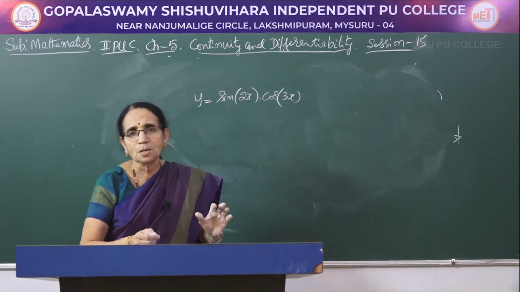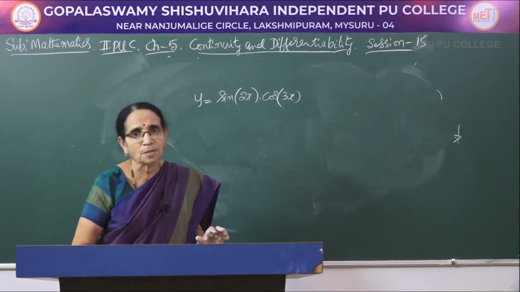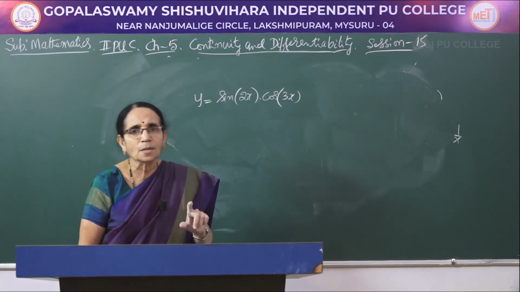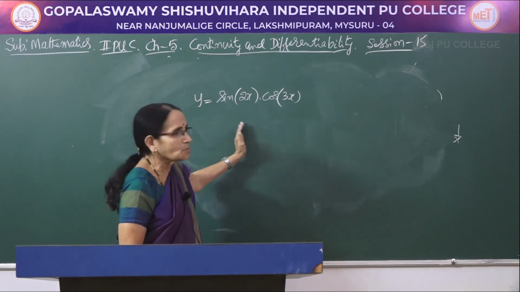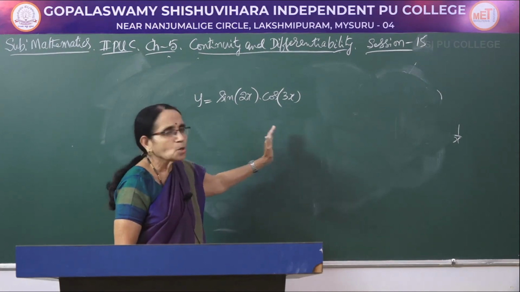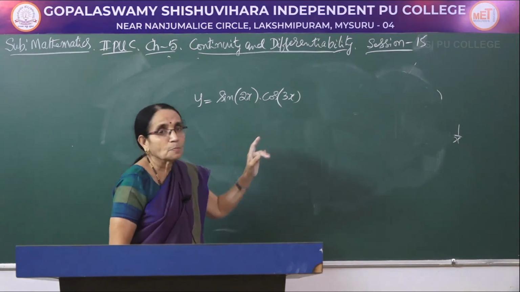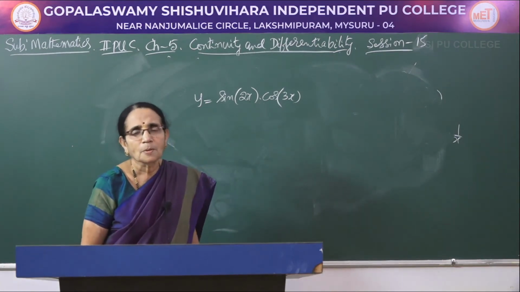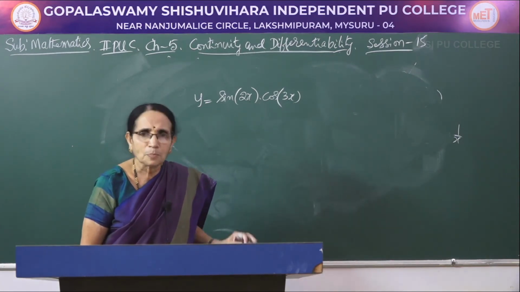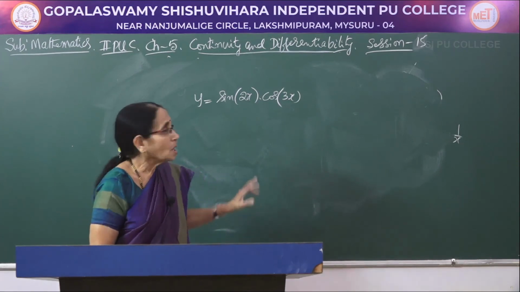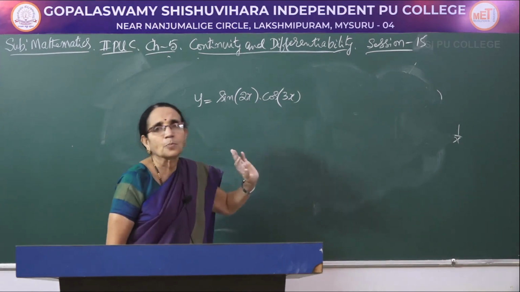It may be a combination of more functions, 2, 3 functions like that, but there was only one term. So directly starting from the left hand side function part, you would differentiate that one. Whereas you can see here, it is a product of 2 functions. So which rule are you applying? The product rule, correct?